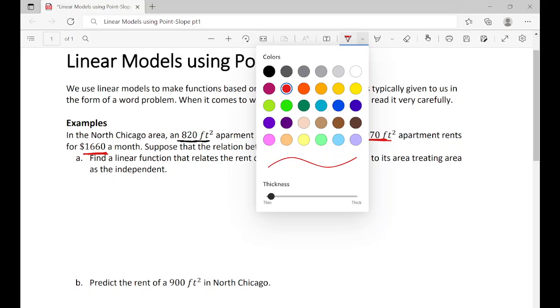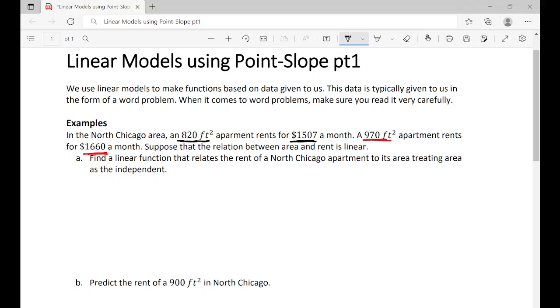So we have these two numbers that are paired with each other, and we can say that these are our ordered pairs: (820, 1,507), and (970, 1,660) is the other ordered pair.